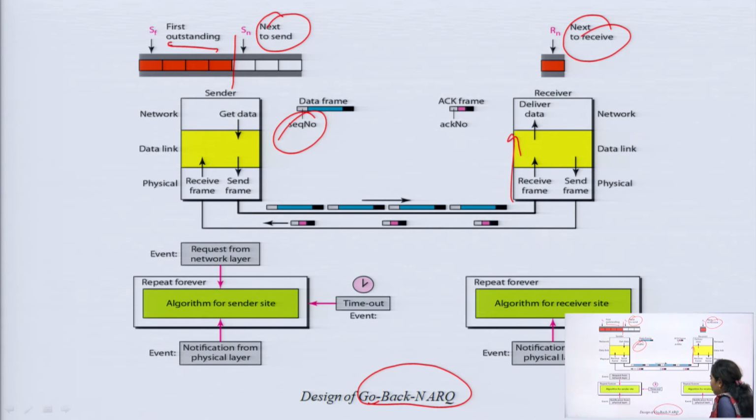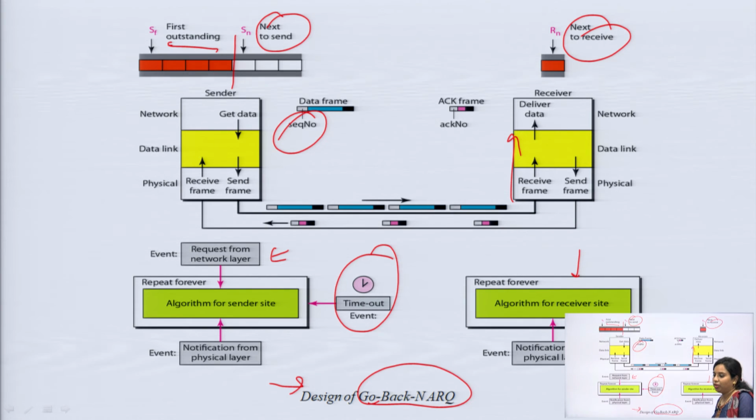Then you can see the design of the go back N protocol shown over here. This is the algorithm for the sender side and this is the algorithm for the receiver side. This is the repeat-forever loop, with notifications from the physical layer, and the request from the network layer is shown over here. In this case, you can also see that whenever there is an automatic repeat request operation, a timer will be used.